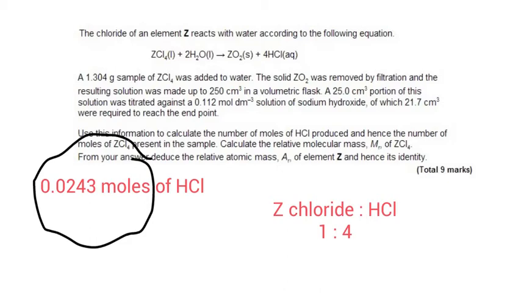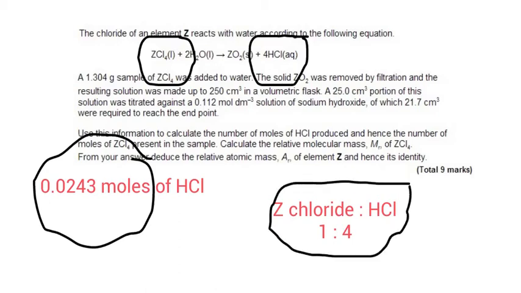Now, if we again look at the question, we have more information that we can use. We know our Z chloride reacted with the water to produce, in the equation, 4 moles of hydrochloric acid. That shows us a 1:4 ratio. So that means for every 4 moles of hydrochloric acid produced, there would have been only 1 mole of Z chloride used.